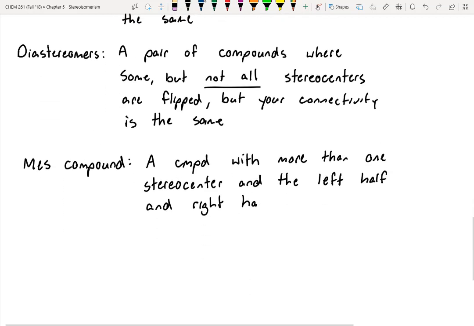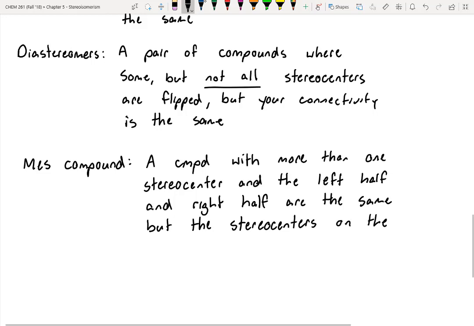Sorry, let me zoom up a bit. But the stereocenters on the left are opposite to those on the right.